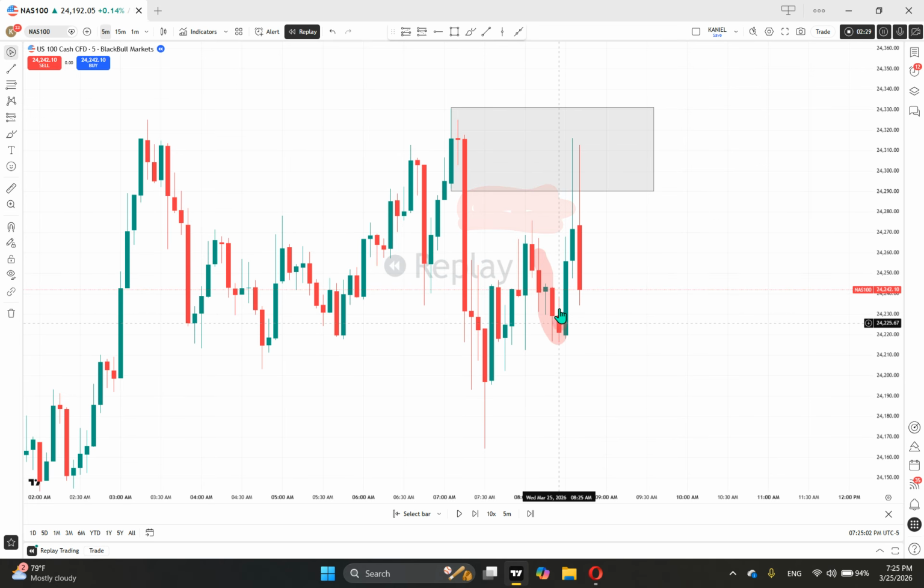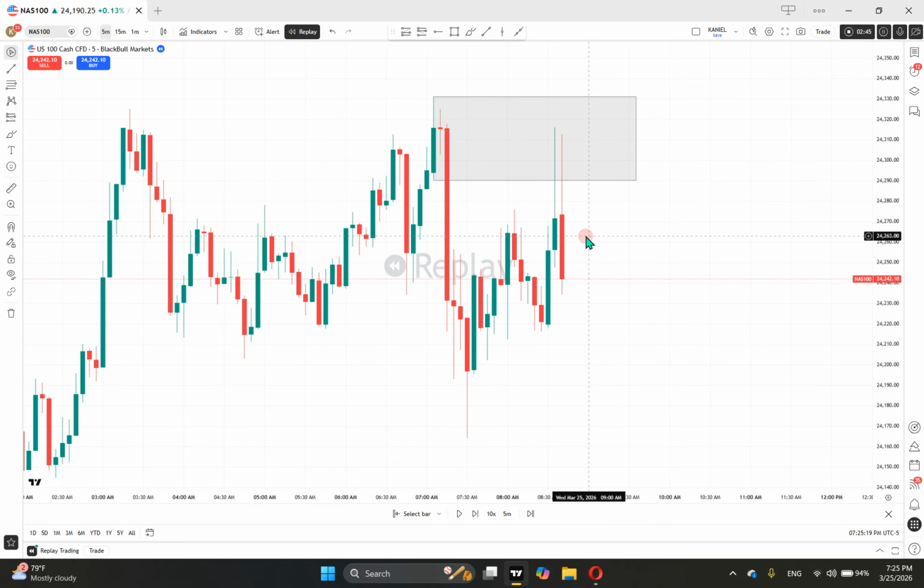Price went down a little, came back up into the zone, gave us a good closure with the body of the candle outside the zone, and the wick alone was left. So momentum was there. I didn't really hesitate on this one.